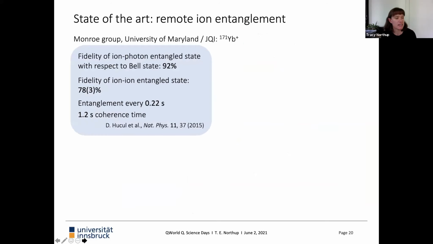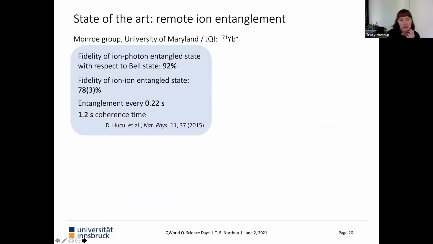So I want to summarize again with this slide what's been achieved so far. This method is able to prepare very high fidelity states, first of ions and photons entangled with each other, and then going on further with the two remote setups. In the picture I just showed you, these two vacuum chambers were meters apart. It also prepares high fidelity ion-ion entangled states, at a rate of about one entanglement event every 0.2 seconds, so about 4 or 5 events every second.